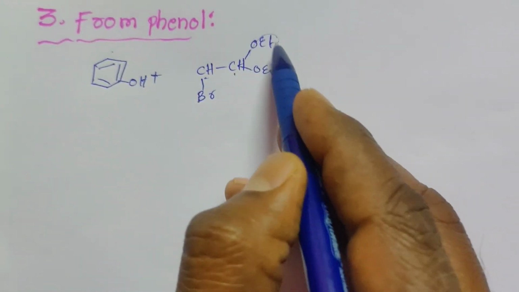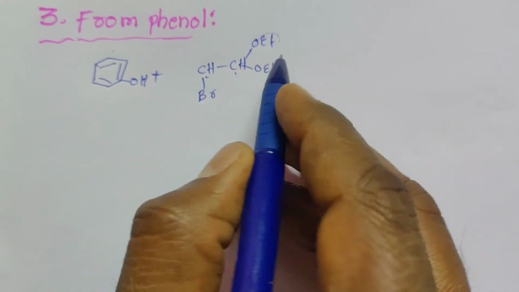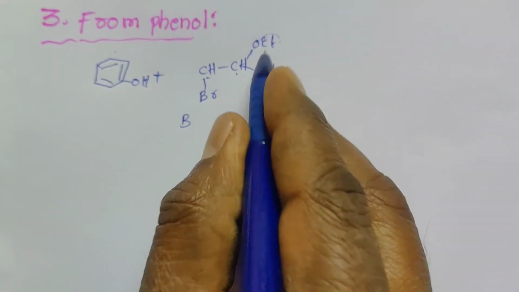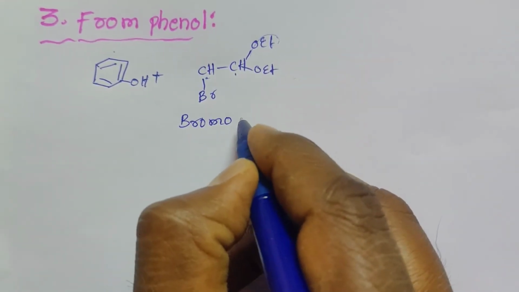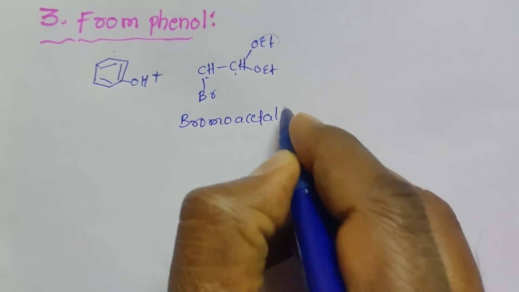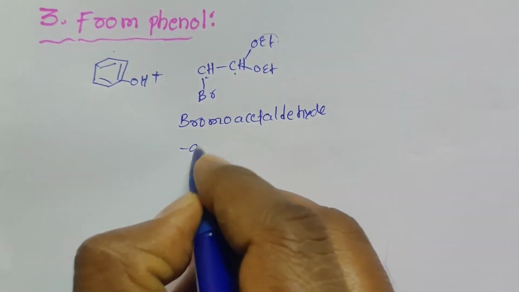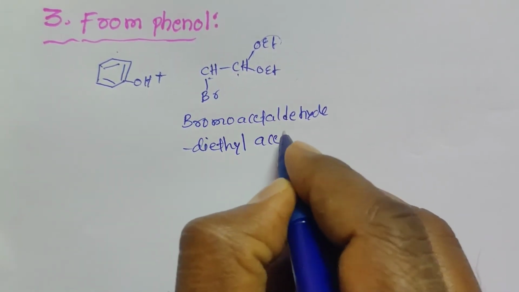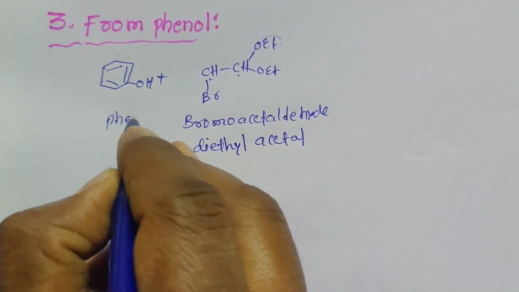Here two alkoxy groups are there, no? So such a compound is known as an acetal. So it is known as bromoacetaldehyde diethyl acetal. And this one is the phenol.